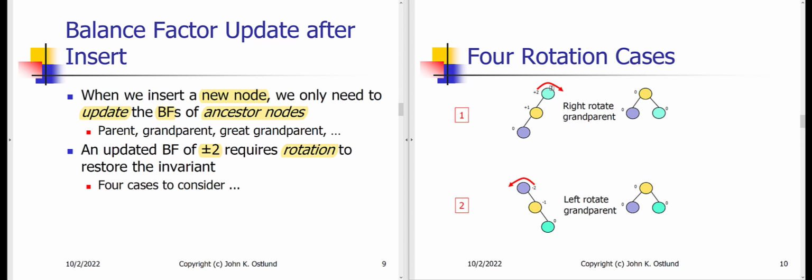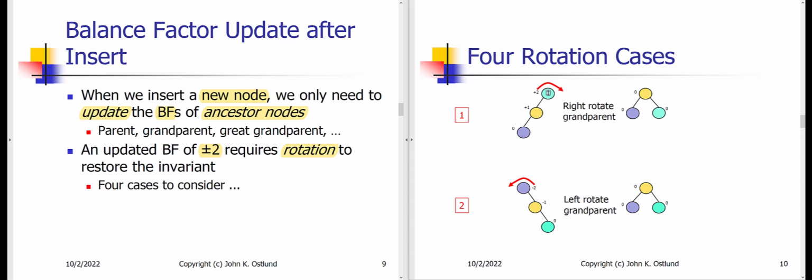So we could end up with a tree that looks like this, where the top node has a left child, and that left child in turn has a left child. The balance factor for the bottommost node that we've just inserted is, of course, 0 because it has no children. For its parent, the balance factor is +1 because the height on the left side is 1 and the height on the right side is 0.